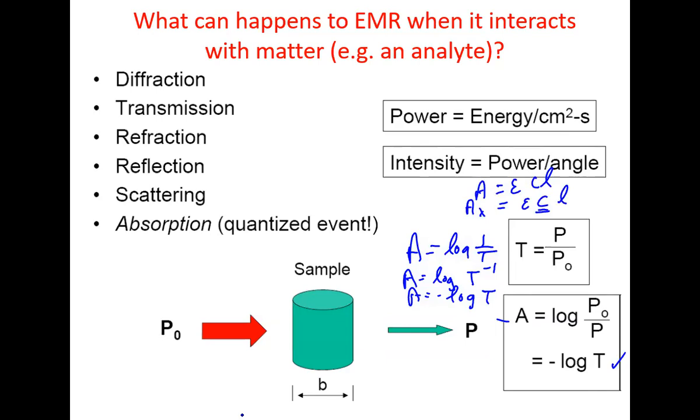I put that lambda there, you're seeing that? So you can calculate, and then I will give you the concentration and the path length, that is B, and ask you to calculate molar absorptivity.